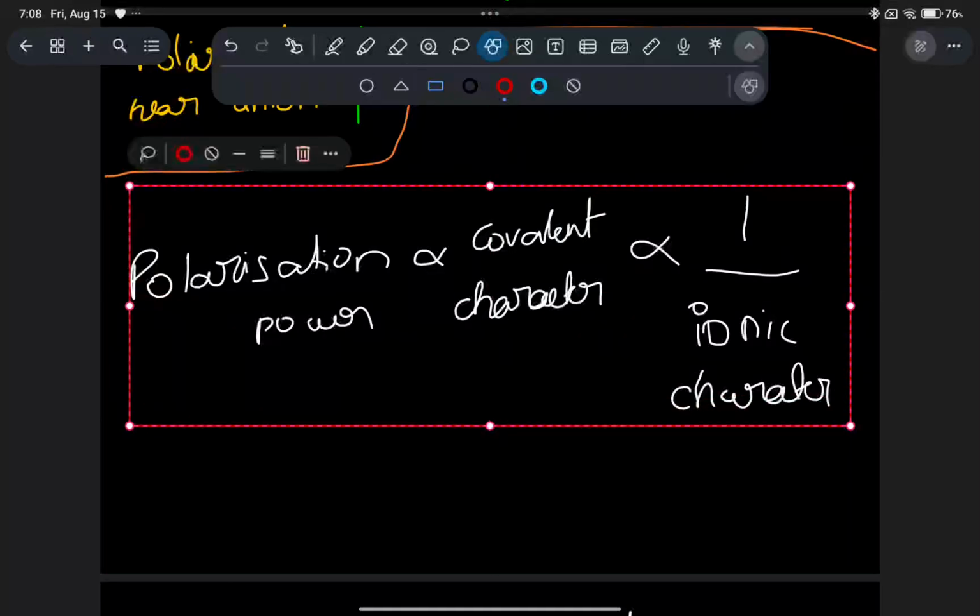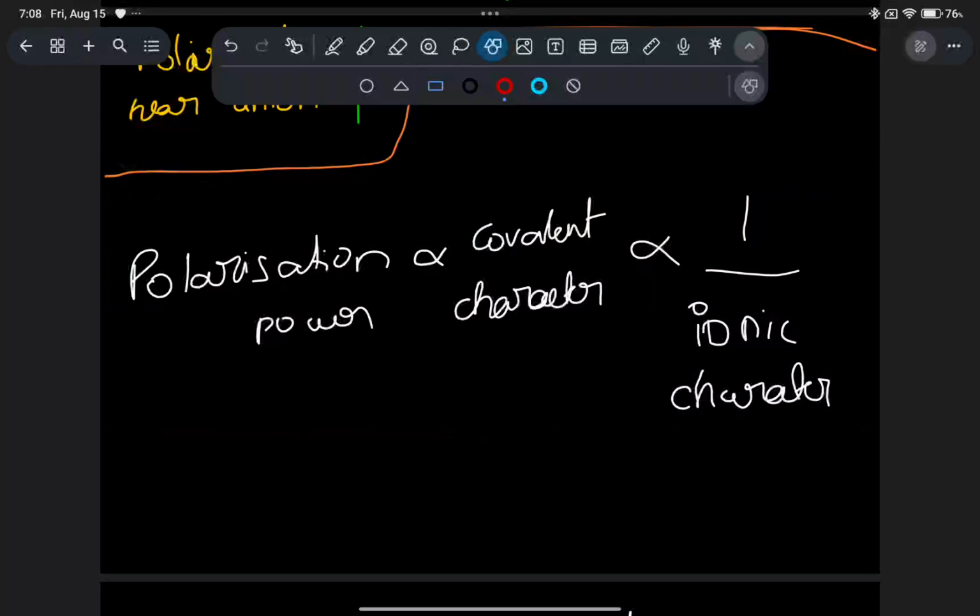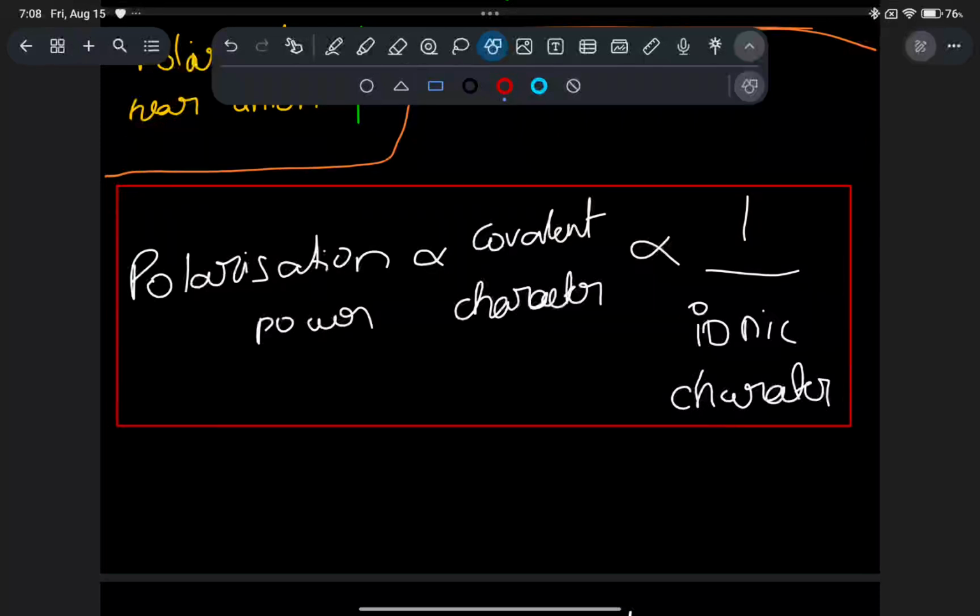By this way you can calculate directly. Yesterday we said that covalent character has some factors and ionic character has some factors, like size. An ionic bond has a large cation size and a covalent bond should have a small cation size.